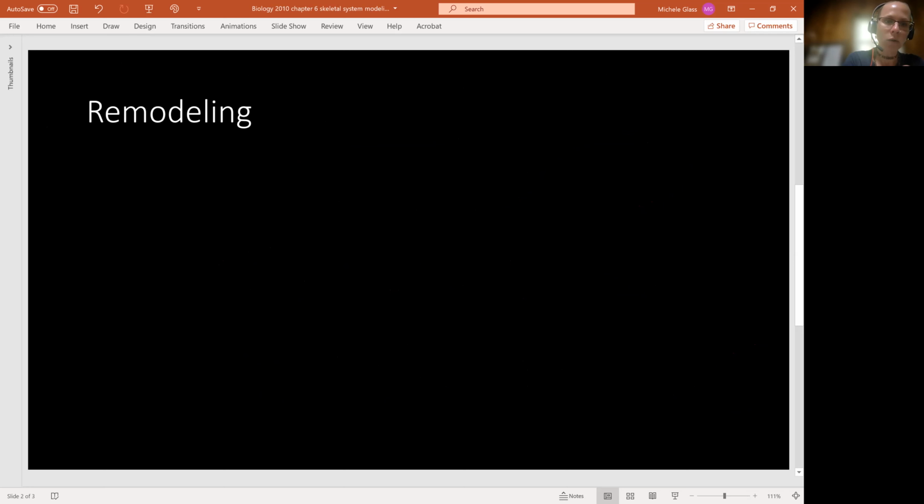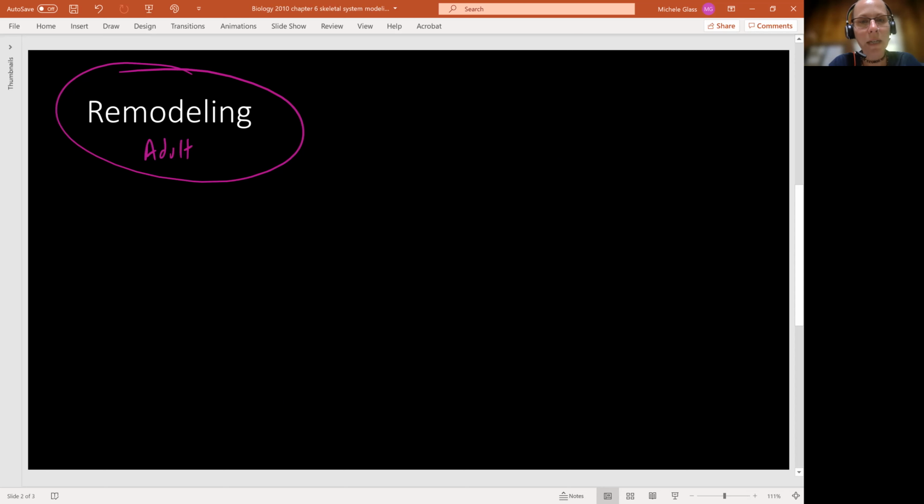So when we're talking about remodeling, we should think about this as happening more in the adult or the mature skeleton. So this is talking more about the changes that are taking place throughout our life. And what we'll see is that about 5 to 10% of the skeleton is remodeled. I didn't write that down, but I'm going to say annually.